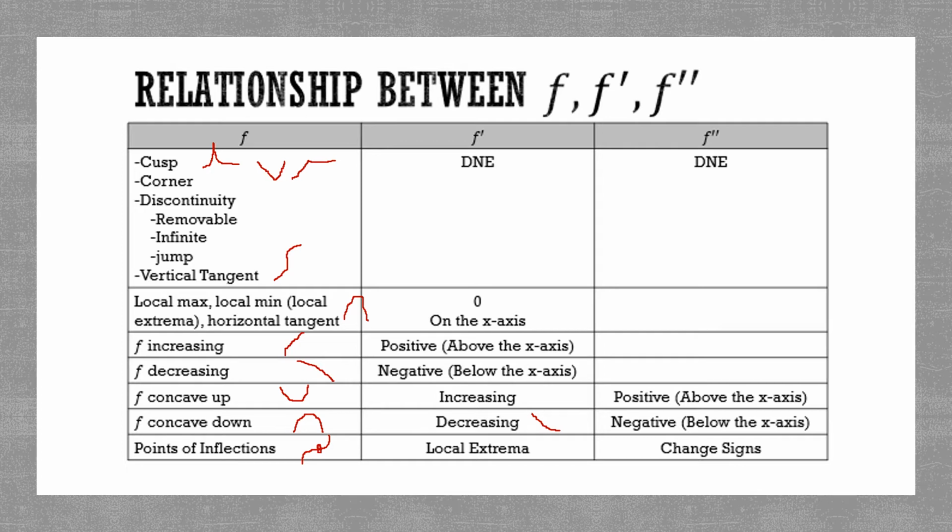That's going to tell you that the first derivative's sketch will have a local extrema there, either a max or a min. And then the second derivative is going to be changing signs. So it's going from above to below the x-axis, or below the x-axis to above the x-axis.